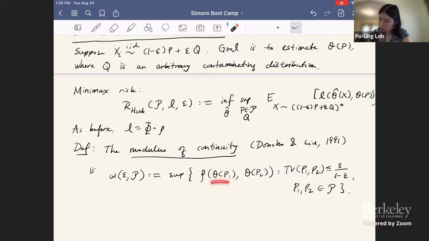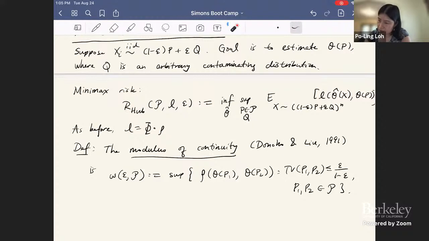Rho tells us how far away the thetas look when the two distributions are close. And closeness is measured in total variation sense. And this, I'll mention a little bit at the very end about how you could think about other distances instead. The reason why we look at the total variation sense is very related to the fact that we are in Huber's epsilon contamination model.